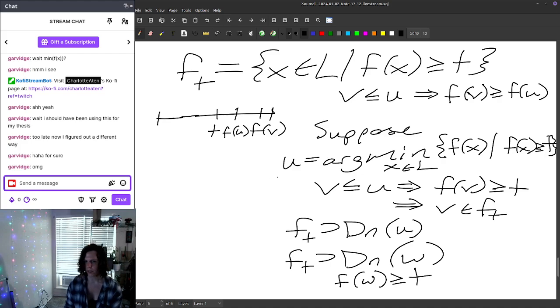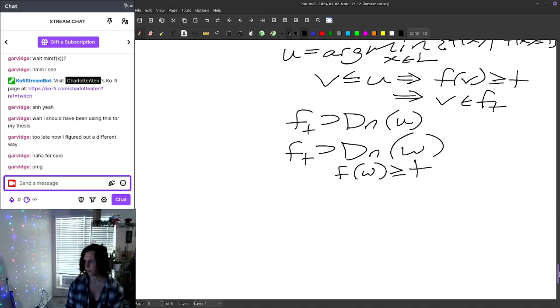What this is saying is that for each t, there's going to be a finite set of points whose f value is bigger than t, and that has to be a principal downset, and it has to contain the downset determined by anything else.